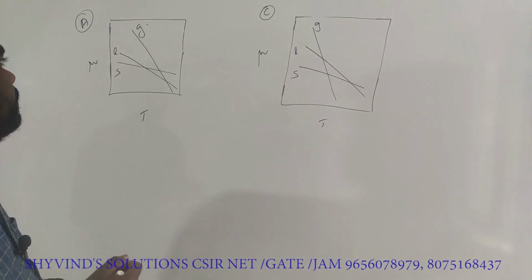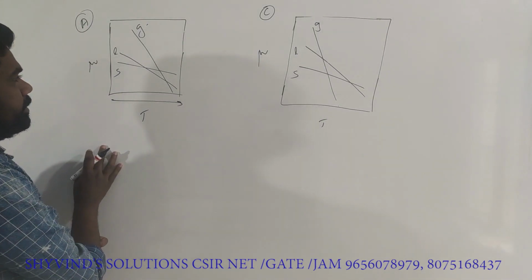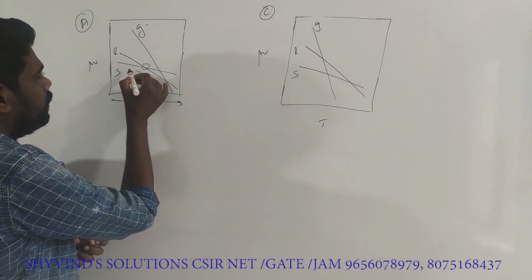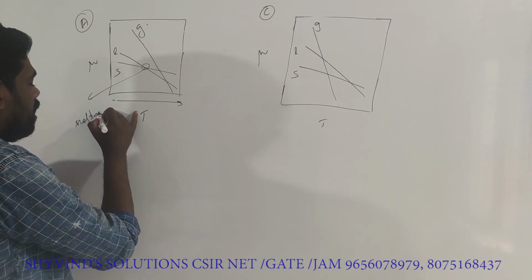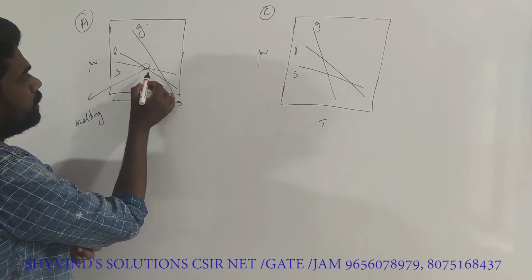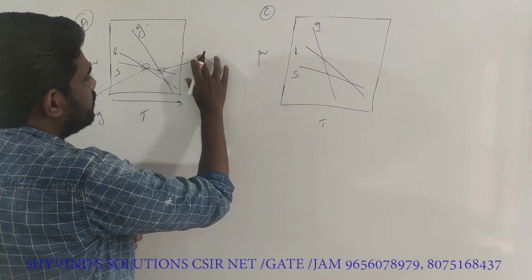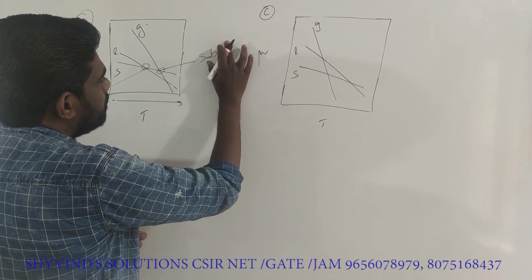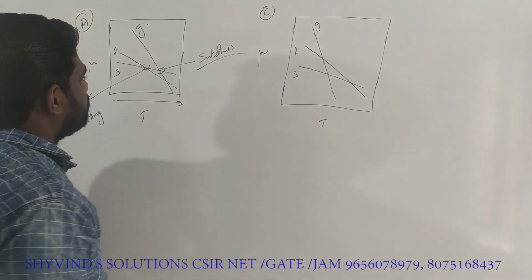If you look at option A, you can see from here to here temperature increases. So this is solid to liquid conversion, so it will be a melting point. This is solid to gas conversion, this is the sublimation point.